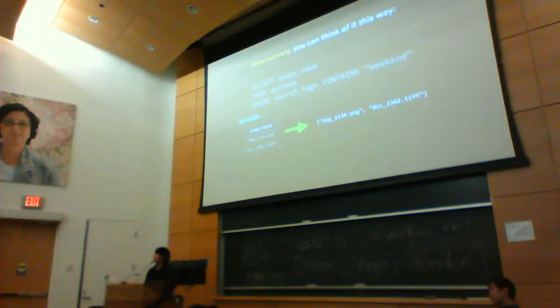So this code that you wrote, what is it going to output? What kind of data is that now? So it's going to be a tuple, right? That's a tuple. So every time we perform an SQL operation, it's going to be a table.